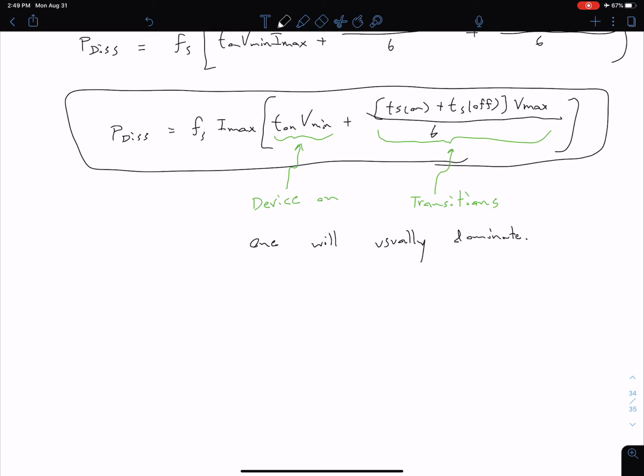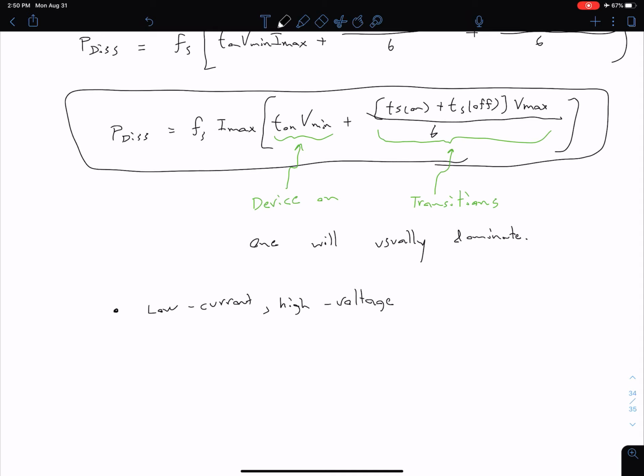So then just a couple of design notes. We can look at this equation as if we're trying to design a circuit. Let's say we want to design something that's going to have low current and high voltage. If the system we're working on has low current and high voltage, we look at this P dissipated equation and say, okay, our I max is going to be pretty low and our V max is going to be pretty high.